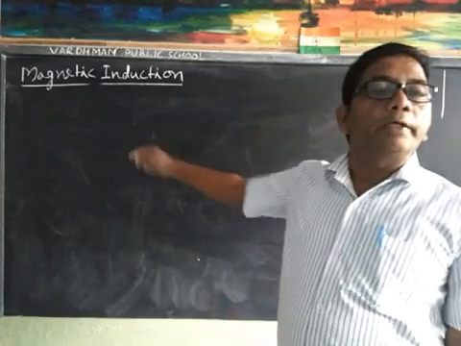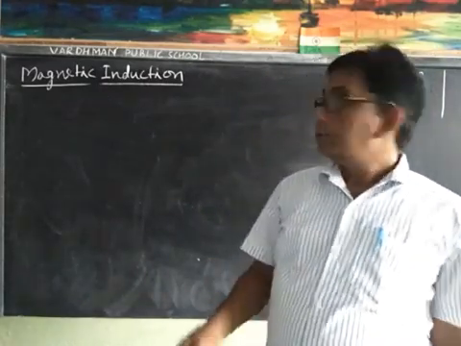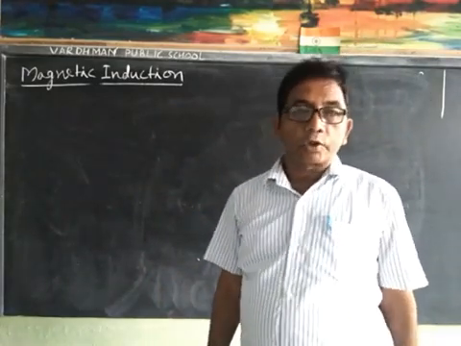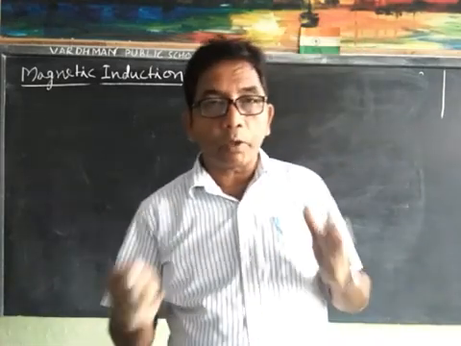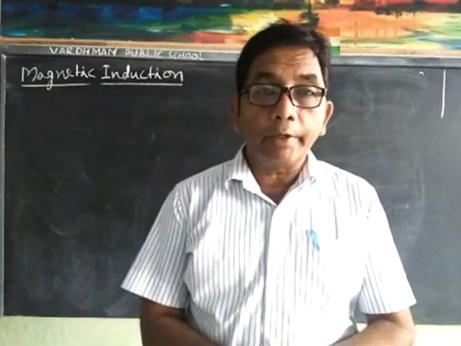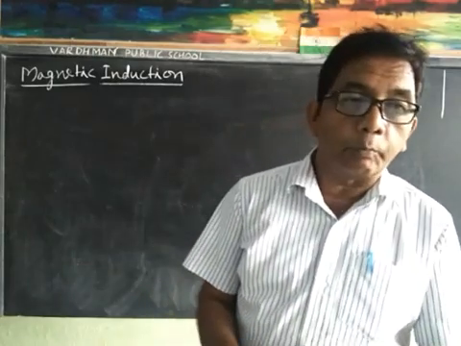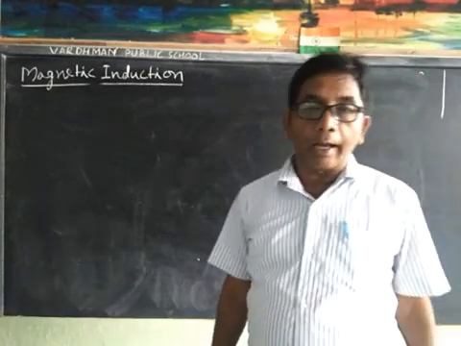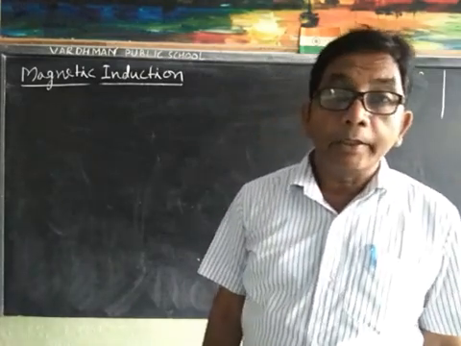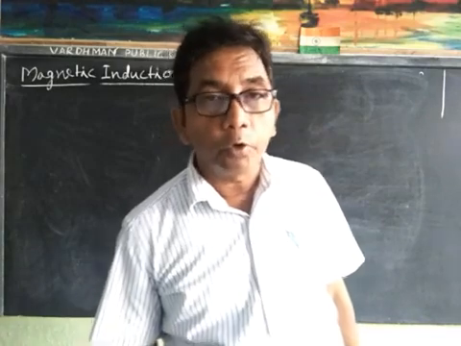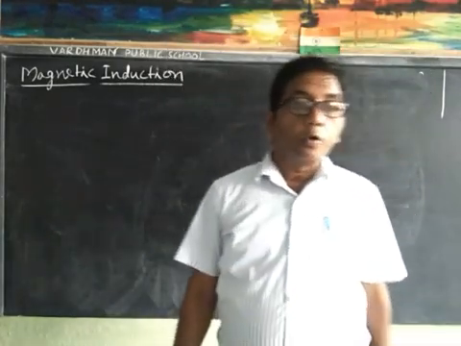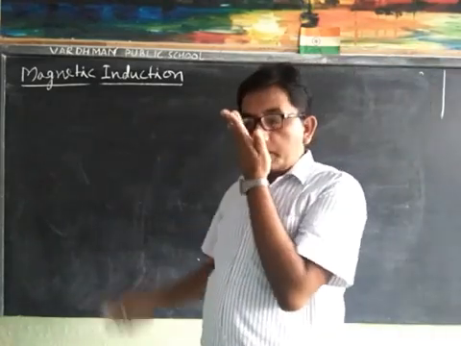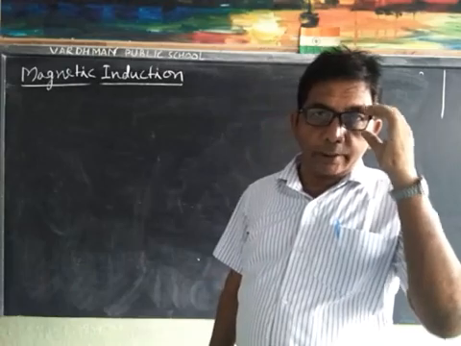It is denoted by B. Magnetic induction B is equal to the sum of the magnetic field B0 in vacuum and the magnetic field mu0 I produced due to magnetization of the substance. I will tell you again.